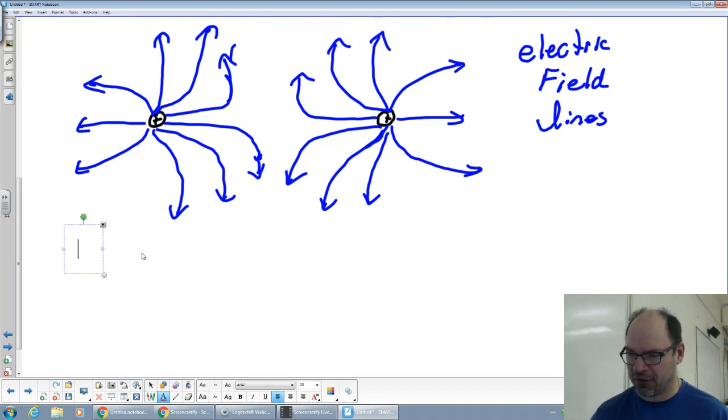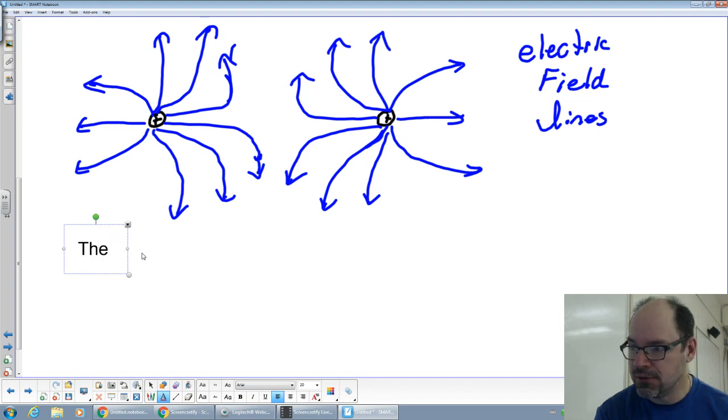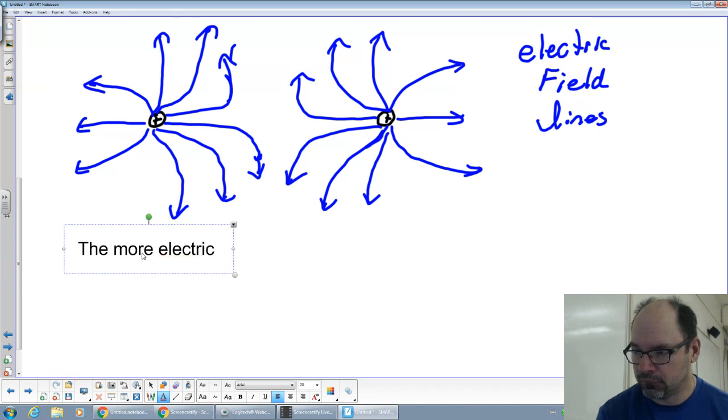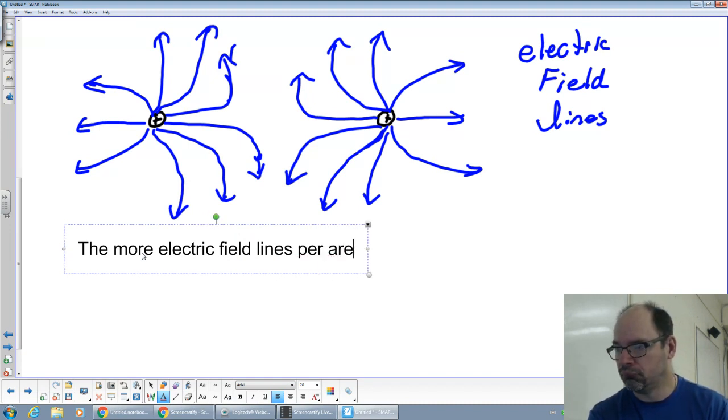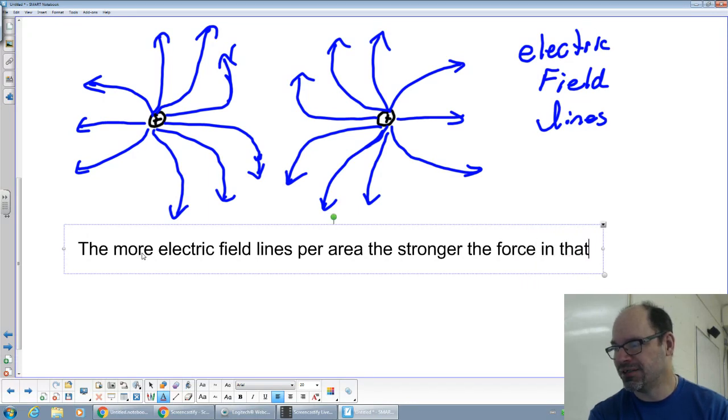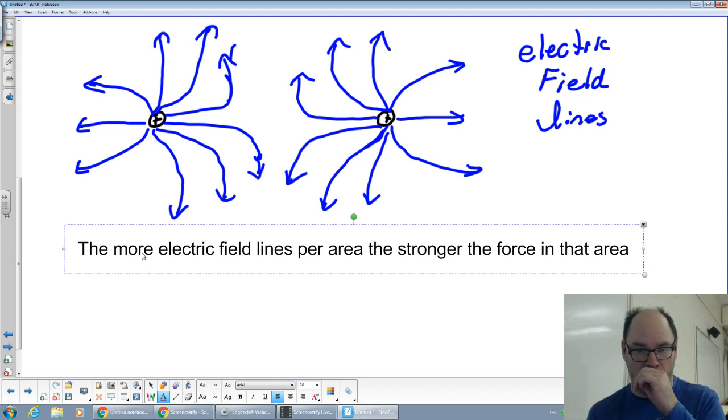So we'll make a note of that underneath each of these diagrams: the more electric field lines per area, the stronger the force in that area. Repulsion or attraction.